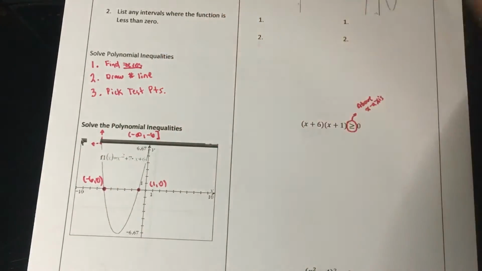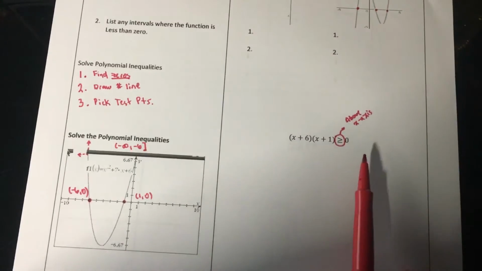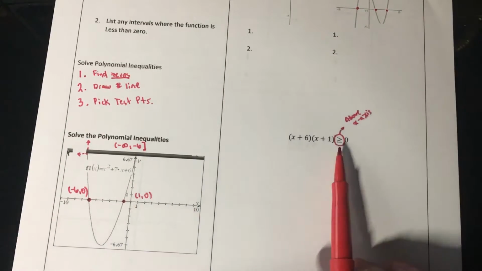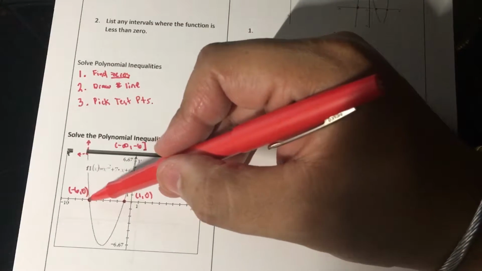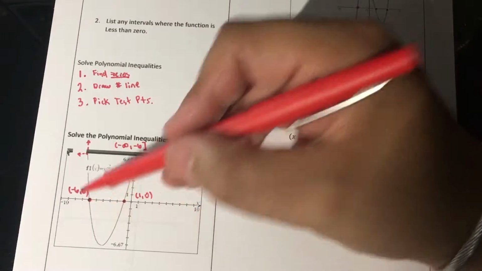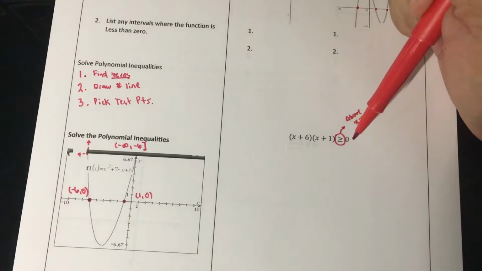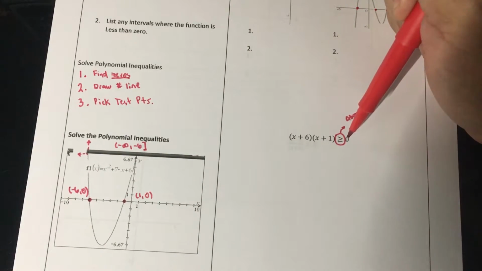Now I'm going to put a bracket here just because I see this equal to sign under here, and that means that this is included, which makes sense because at negative 6 here, the y value is 0. Is the y value at least equal to 0 like it says here? Yes, it is.